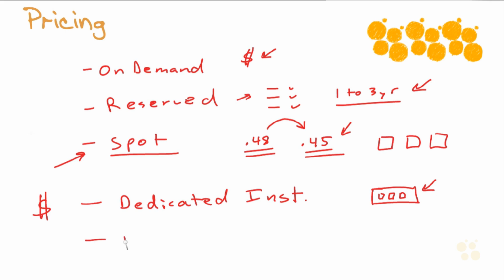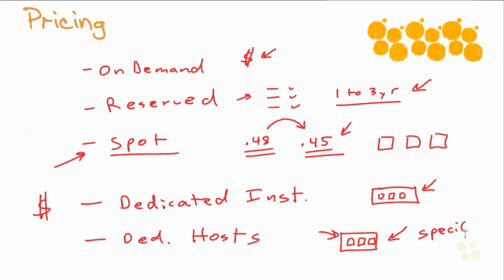Now, if we need to lock it down even more than that, we would go with the dedicated host type structure. Here, not only are your EC2 instances going to be on dedicated hardware, but you'll actually know the specific hardware ID of that system.